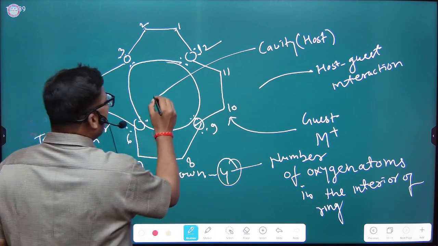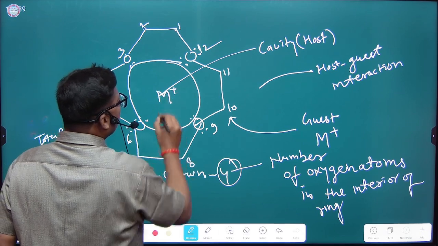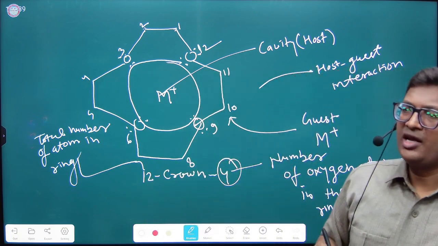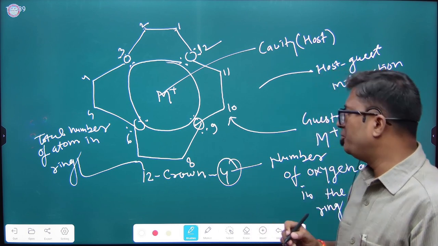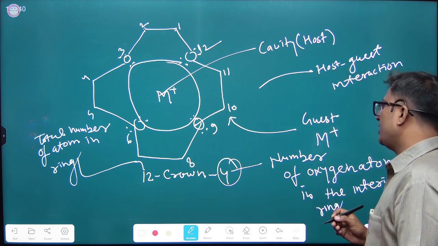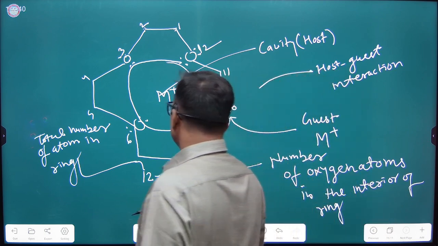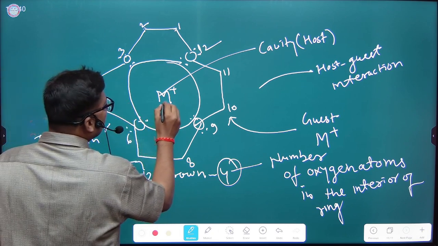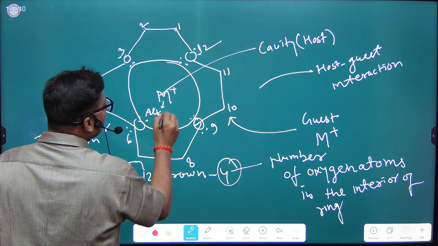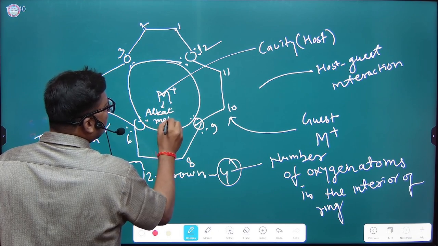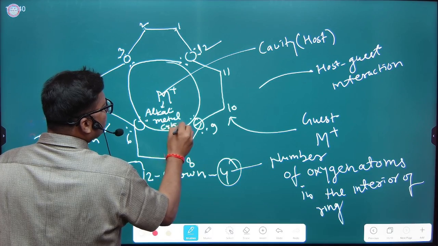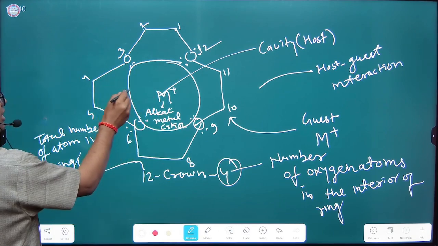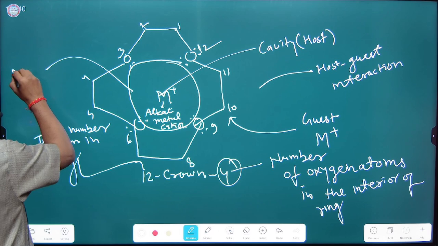If there is M plus, meaning any alkali metal cation, M plus means Li plus, it may be sodium plus, potassium plus, rubidium plus, and similarly. So the resultant complex is called alkali metal cation crown ether complex, where M is the alkali metal cation, right?